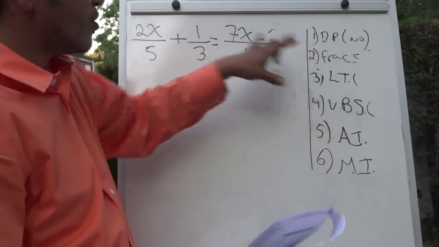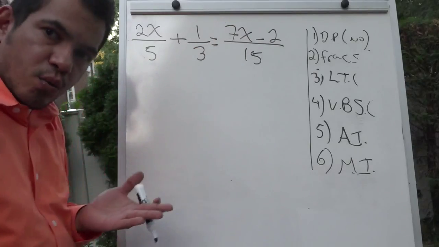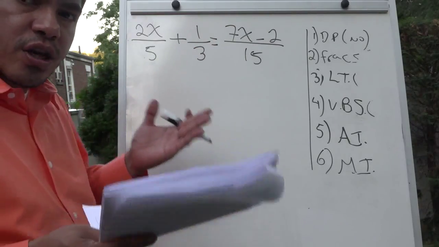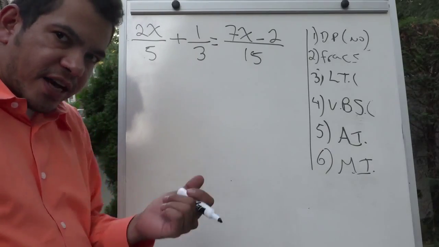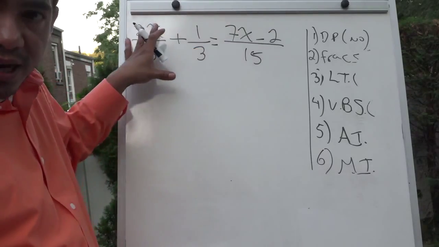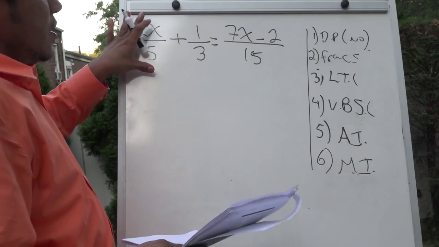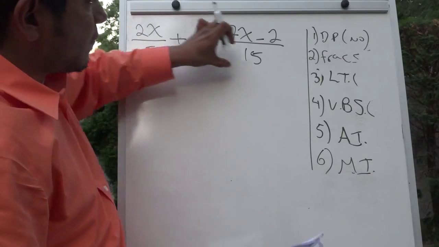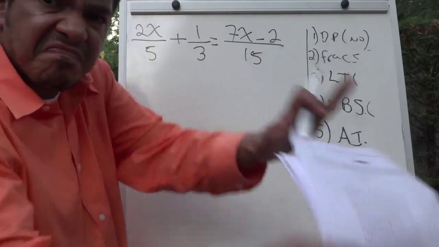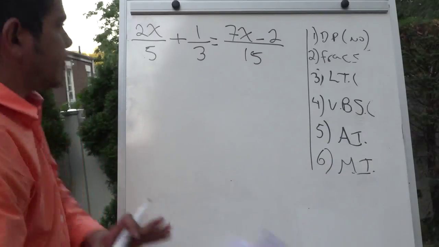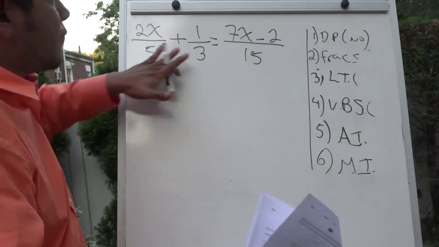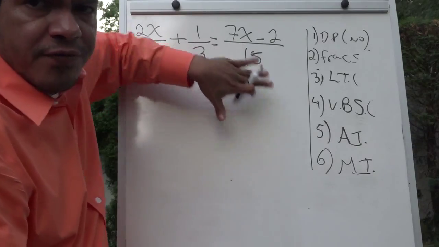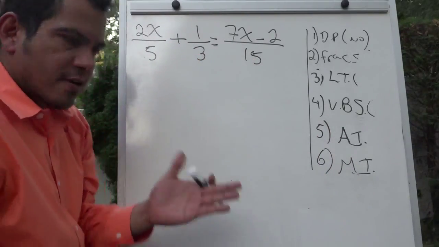No. Do I have fractions? Yes. And what do I need to do? Find the lowest common denominator. Now you could rewind this video and figure out how to find it, because I'm not going to waste time finding it anymore. So 5, 3, and 15. 3 goes into 15, nice. 5 goes into 15, awesome. Therefore, everything goes into 15. 15 is my common denominator.